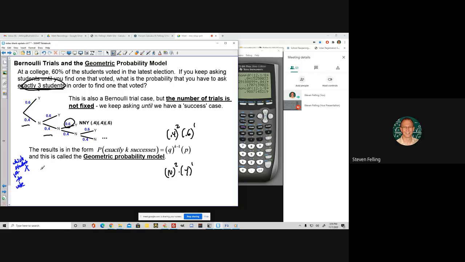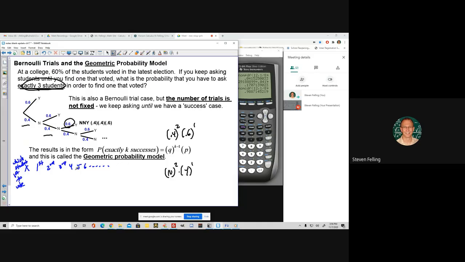So there's no 0 here because we're definitely going to ask one student. This one starts at 1. Binomial starts at 0 because we're counting and could have 0 successes. It could be the first student or the second student or the third student or the fourth student or the fifth student, and this has no end. We could keep going forever until we find somebody who voted.